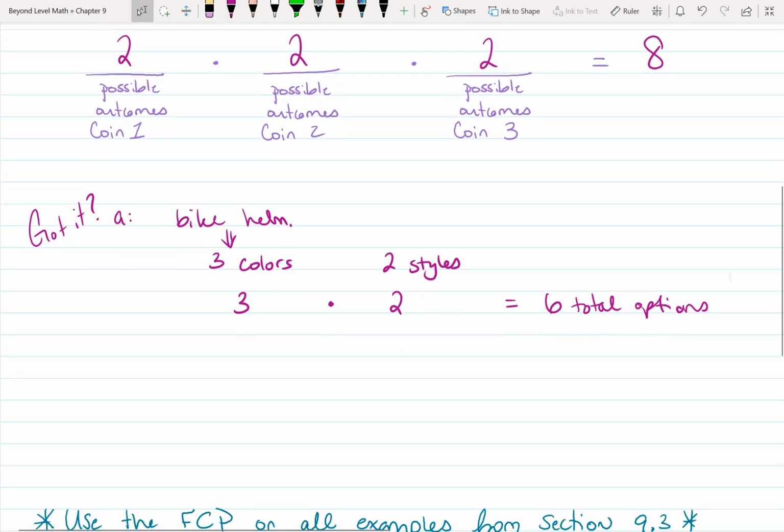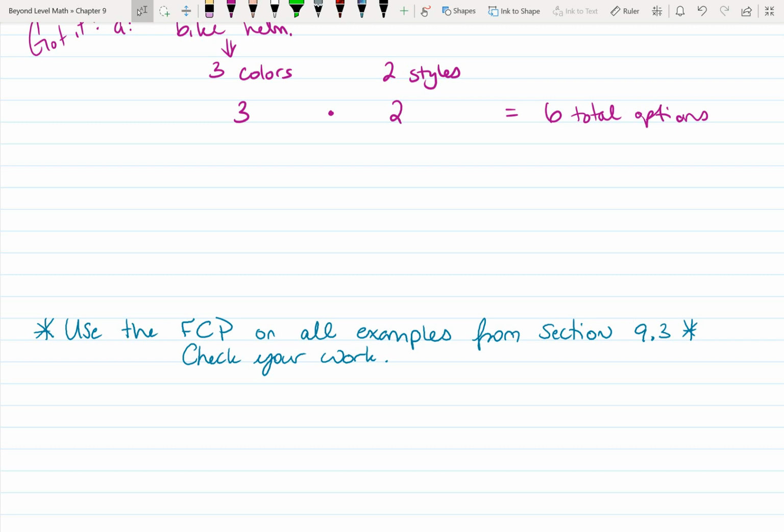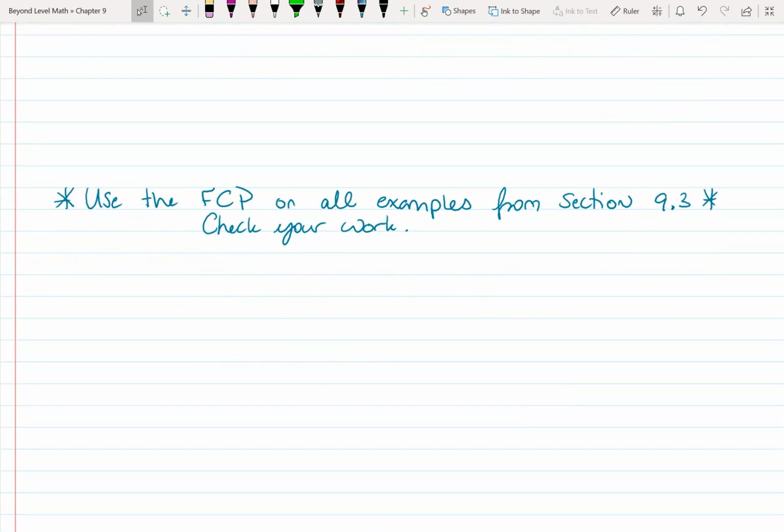Alrighty, so I'm going to go back to page 736, and that is the first page of your homework from lesson 9.3. We had numbers 1 through 3. Page 736, number 1. It says find the sample space. Instead of making a diagram, we're just going to use the fundamental counting principle. It says a coin is tossed twice.